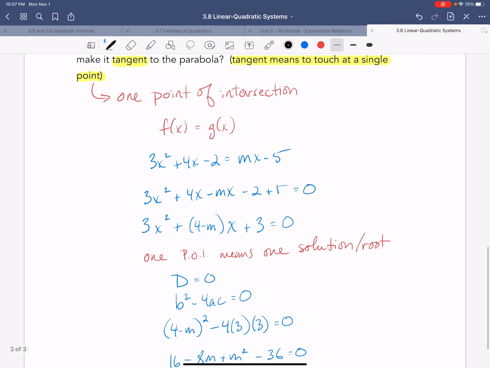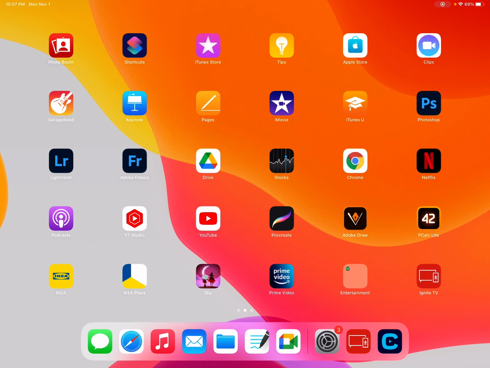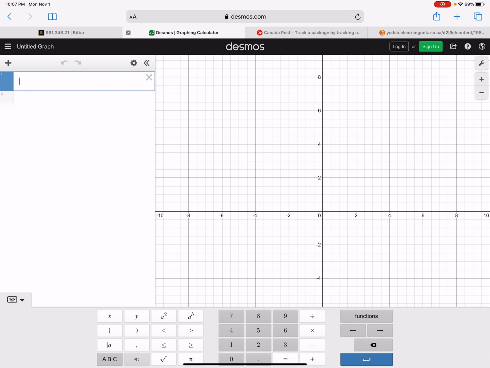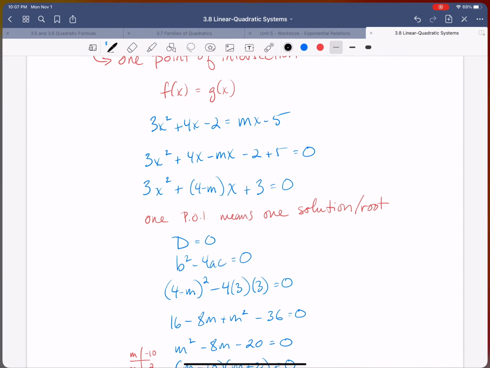So 3, 4, negative 2. And so that's our parabola. And then we had the line. So one of them we said was a slope of 10, plus, I don't remember now, minus 5.